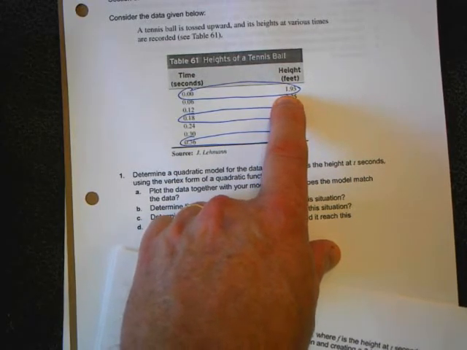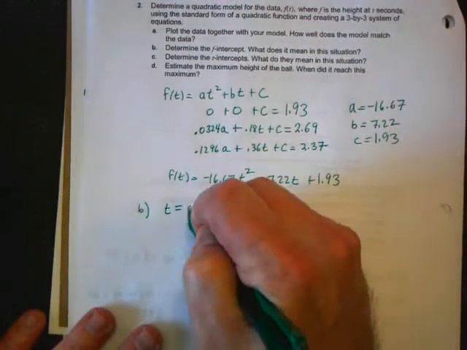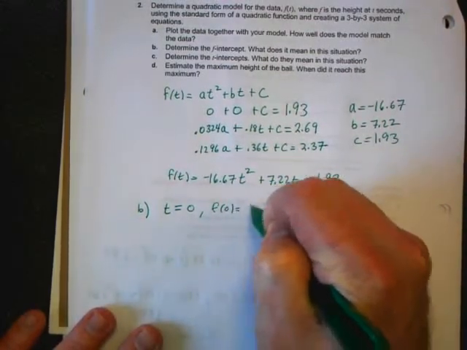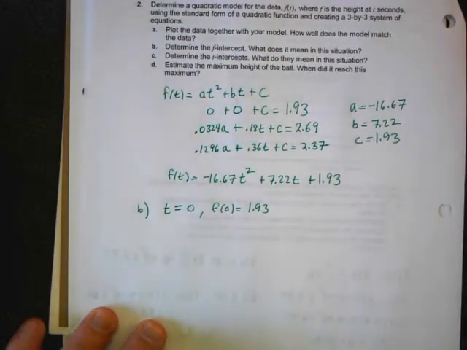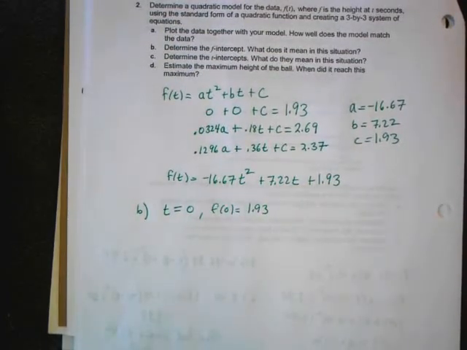If I hadn't used 1.93 as one of my data points, I would expect it to be very close to 1.93. But I think you can see here, it is exactly 1.93. Because when I plug in 0, I get 0 plus 1.93. I'm not going to write it down, but once again, what does that mean?